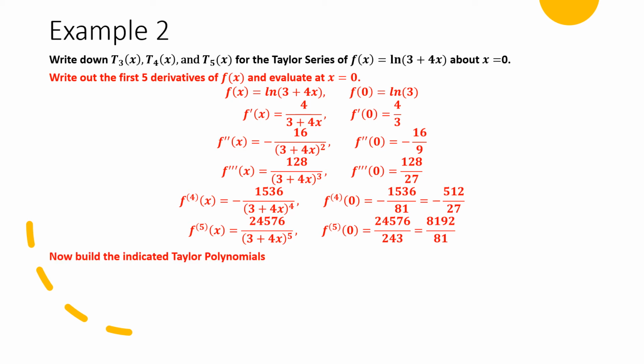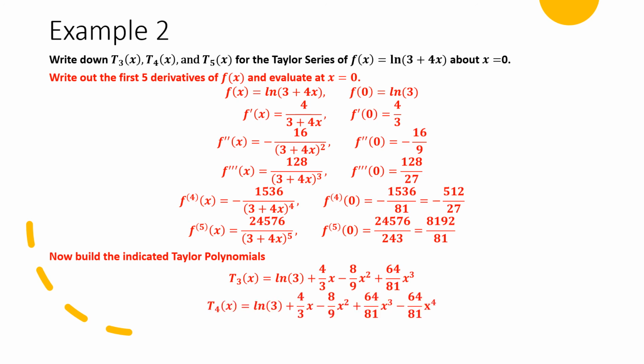Now to write out my series, I'm going to start with my T3, so I'm going to go all the way to that third derivative. I have ln of 3 plus 4/3 x minus 16/9 x squared over 2 factorial, which reduces to negative 8/9 x squared. The third one is going to be 128 over 27 over 3 factorial, which reduces to 64 over 81 x cubed.